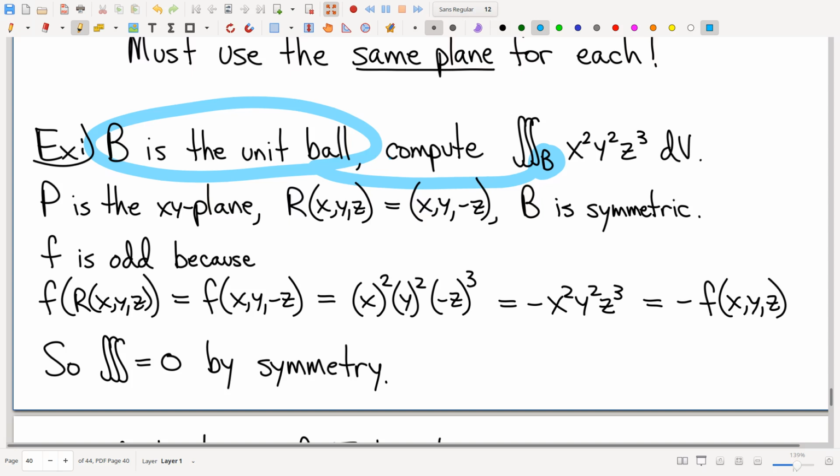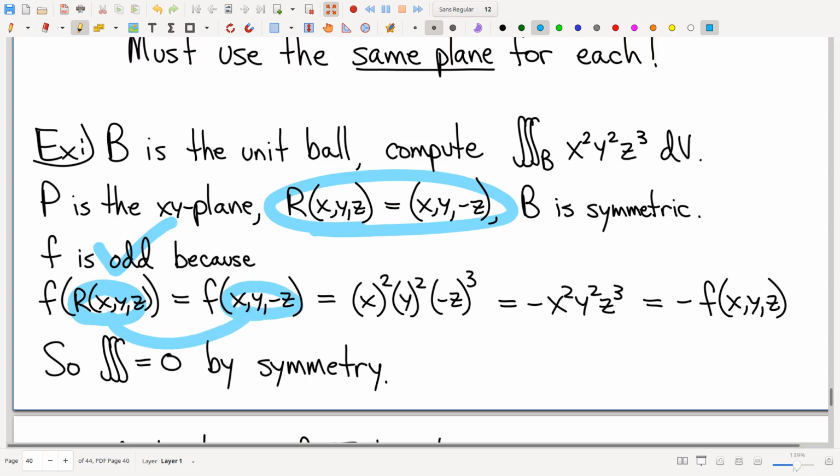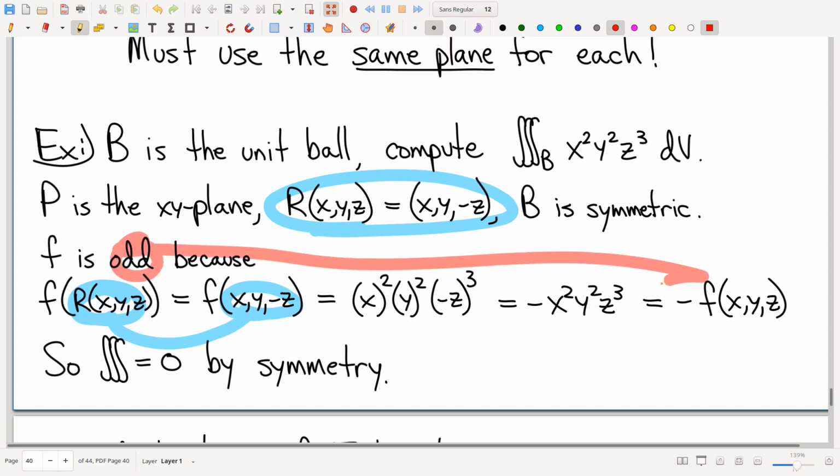Tons of options, right? Let's see here. I claim that this reflection makes the function odd. You can even see the algebra because I plug in this reflection specifically, and sure enough, as required, I get odd because of that minus sign. And so the integral is 0 by symmetry. Boom.